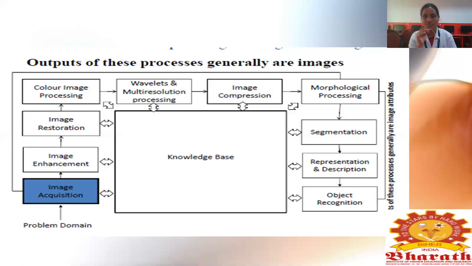After object recognition, you can recognize, yes, this is our original image. The original image goes through some process and is fed into other processing steps, and after that you get the final output as an image, that is object recognition.